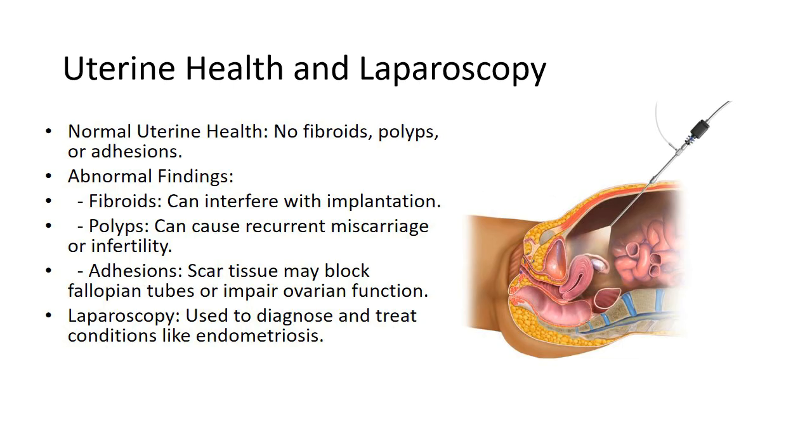Endometriosis: tissue similar to the uterine lining grows outside the uterus, causing pain and infertility. Ovarian cysts can affect ovarian function and fertility. Pelvic adhesions: scarring in the pelvic area may block fallopian tubes or impair ovarian function.